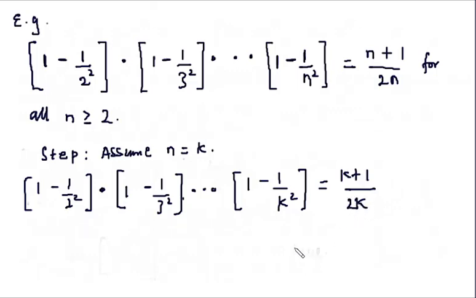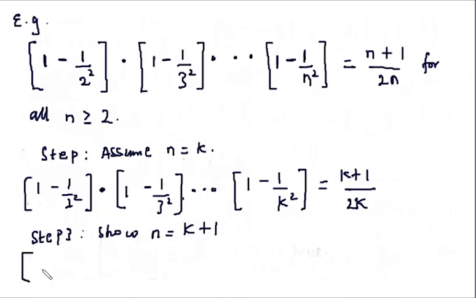Okay, so for the next step, for step 3, we show n is equal to k plus 1 is true. So we already have our kth term here. For our next term after the kth term, let's write the sequence again.